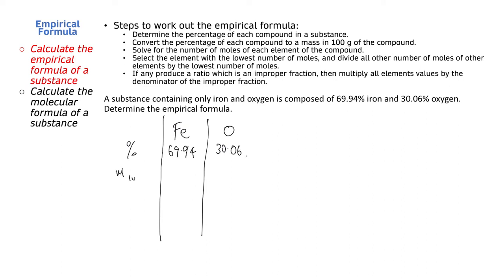Again, you get the mass in a standard amount, which happens to be 100 grams here, but it could be actually any value. All right, there's my mass in 100 grams. So now that I have that, I can work out the number of moles in that 100 grams. Okay, and so the number of moles here would be 1.25 and 1.88.